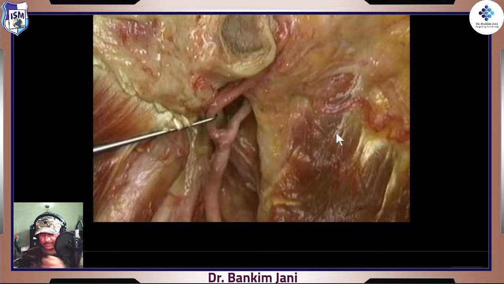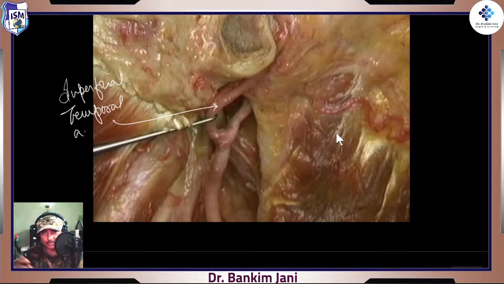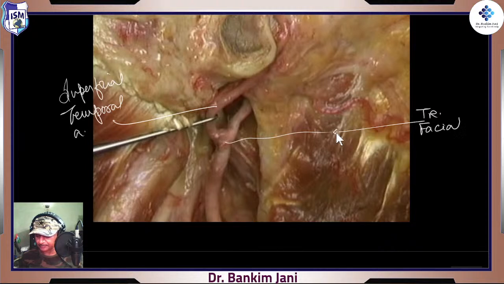Now we just pull that superficial temporal, and we were thinking that it was over up to here. The superficial temporal artery, that's what we are pulling on one side. Over here, there was one branch, which was that? The transverse facial artery.